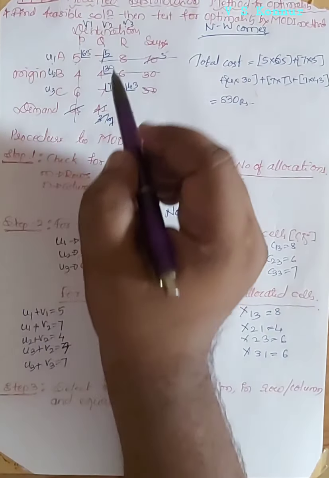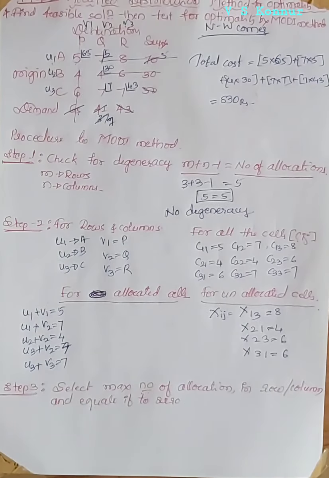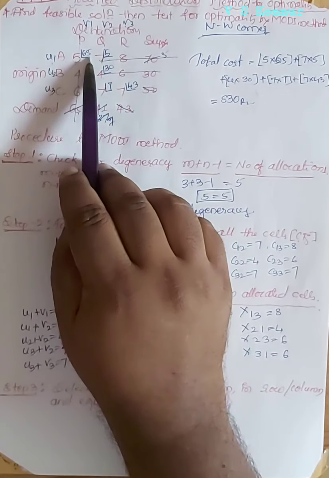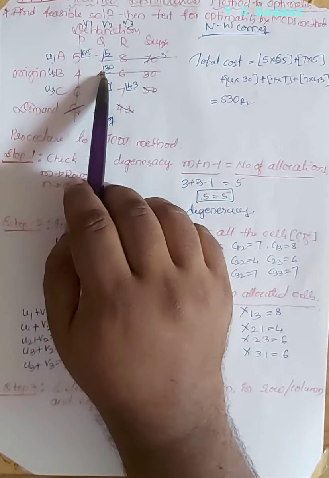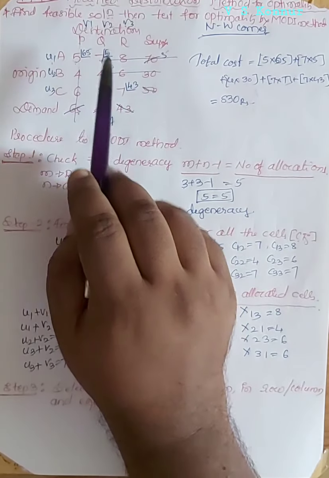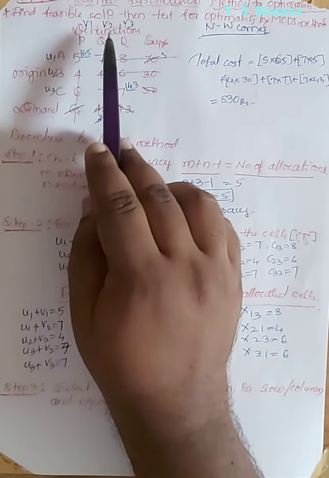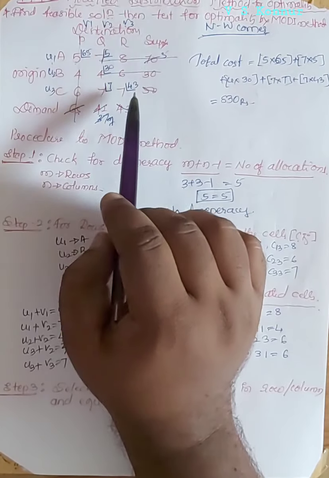Now we should consider the maximum allocation. Wherever the maximum allocation is, whether in a column or a row, we'll check. U1 has 2, U2 has only 1, U3 has 2. In the same way, V1 has 1, V2 has 3, V3 has 1.